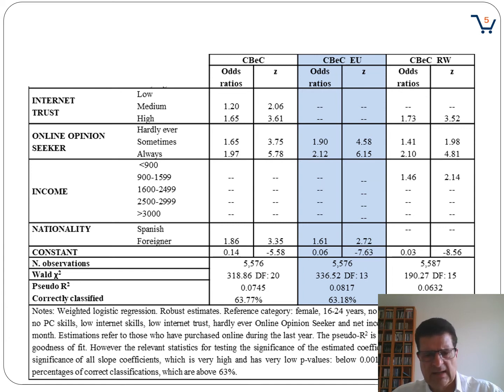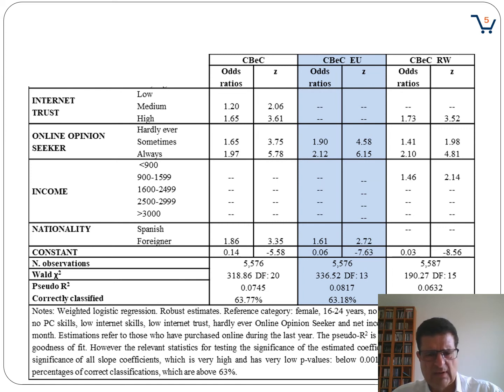You see, these are the different statistics that are associated with the estimation. 0.14 is the constant, and the other constants are small again, but still significant.